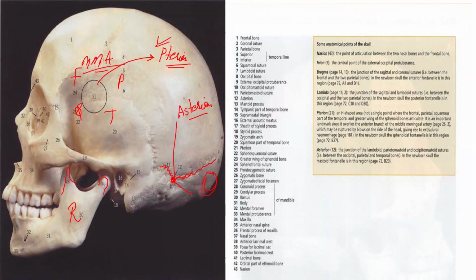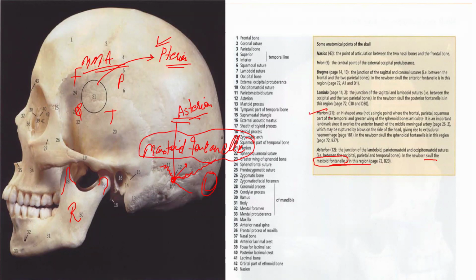Then we have the asterion, the junction of lambdoid, parietomastoid, and occipitomastoid sutures. In the newborn skull, the mastoid fontanelle is in this region. So we can also write here that the mastoid fontanelle is in this region. Pterion we have already understood.